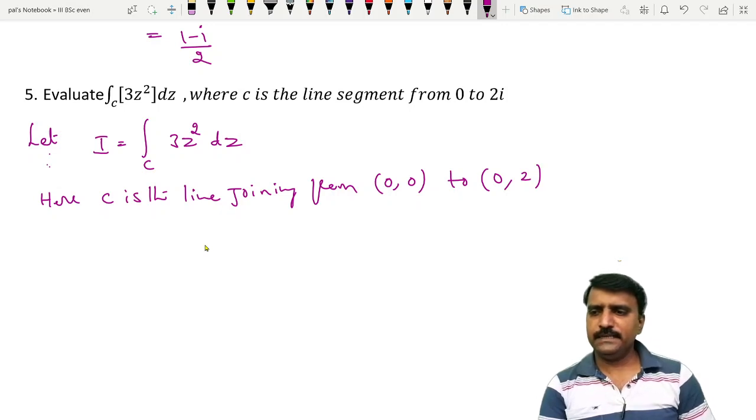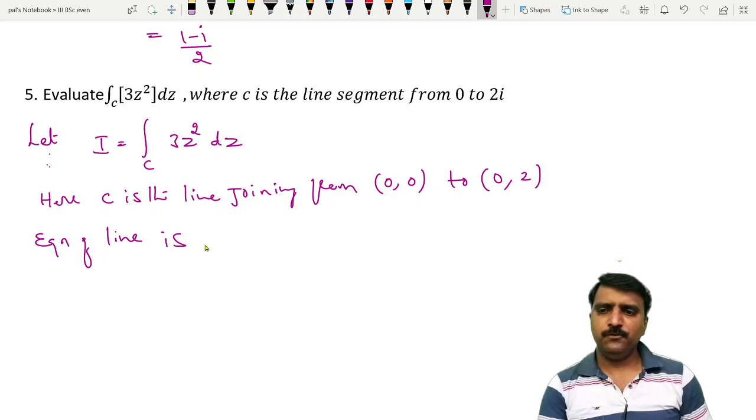The equation of this line: as you write the equation of a line, (y minus y1) divided by (y2 minus y1), with y2 as 2 minus 0, is equal to (x minus x1) divided by (x2 minus x1), that is 0 minus 0.